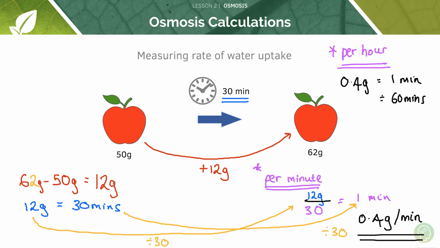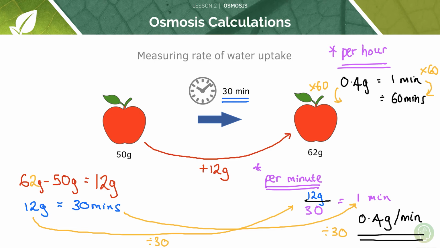So why don't you pause the video and try and work it out. Use the same logic that I used here with these yellow arrows. Have a look at how we go from 1 to 60 minutes, and we've then got to do the same to the other side. So just pause the video and try that. Okie dokie, so if you've had a try at that, you can see that if we go from 1 to 60 minutes, we're multiplying by 60. So we're going to have to do the exact same to the other side, because we want to convert our per minute to per hour.